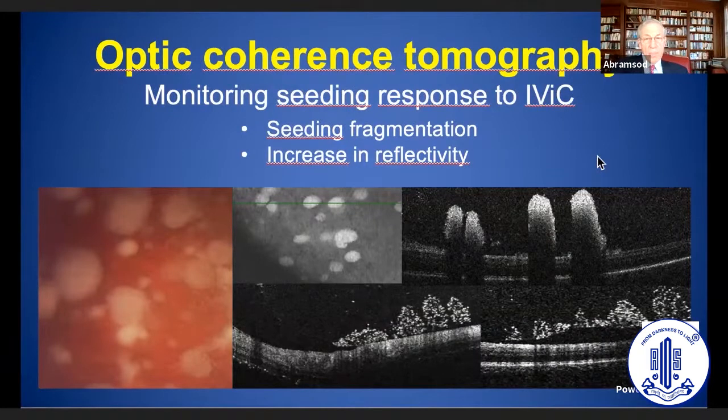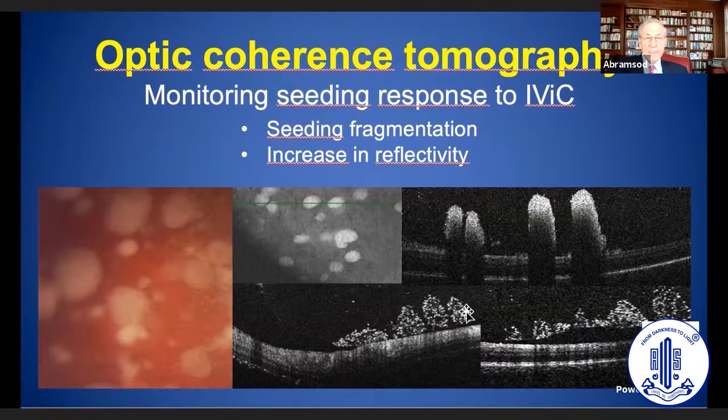What you observe first is a fragmentation of the spheres, followed by an increase in reflectivity. As soon as I see this increase in reflectivity, I know I can inject one more time, and this will be enough to get rid of this disease.